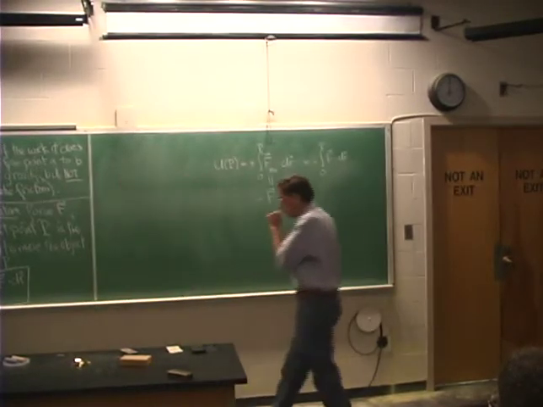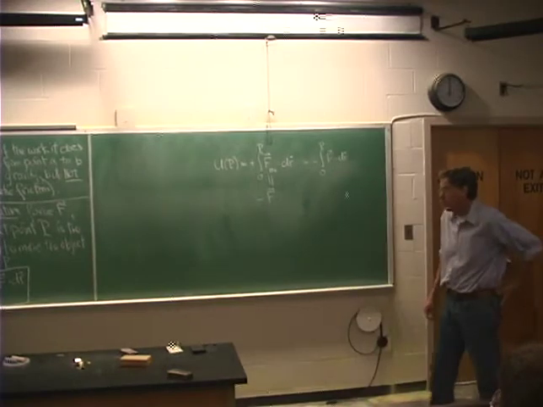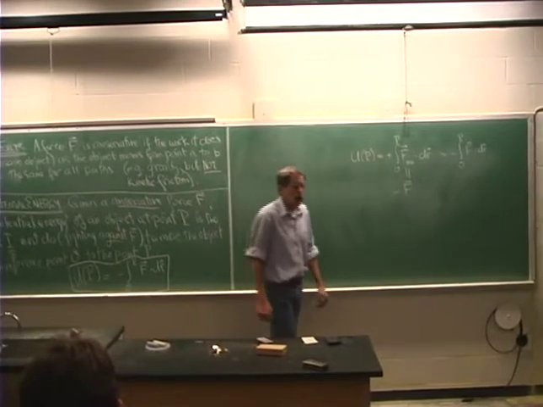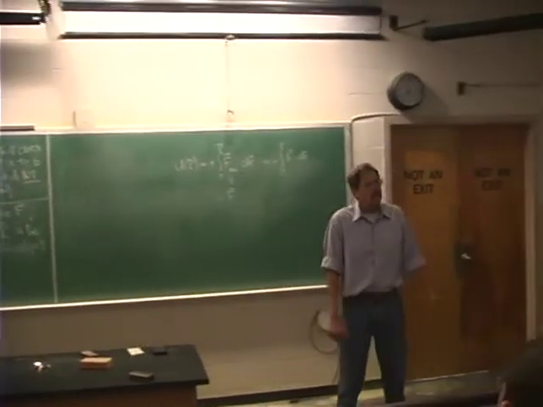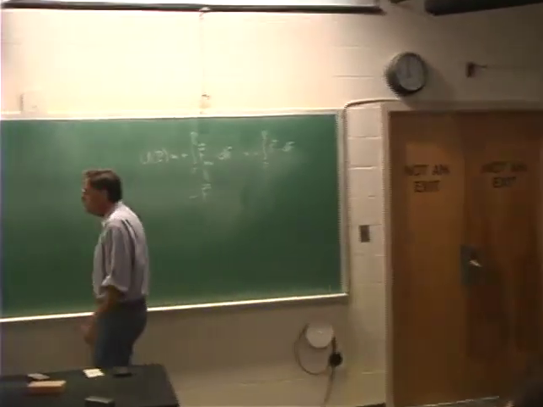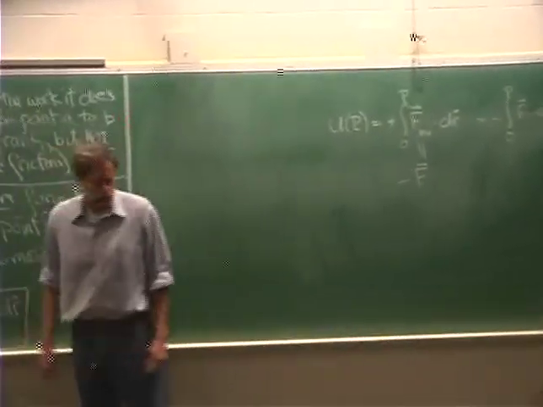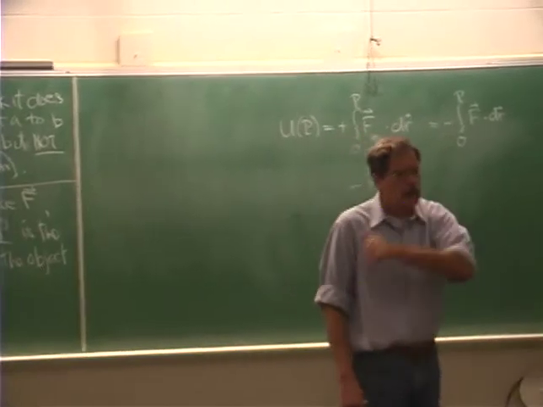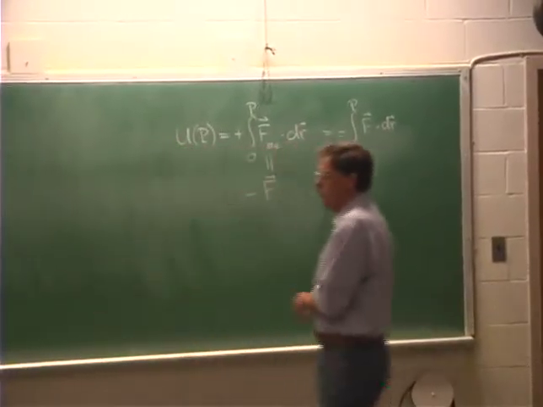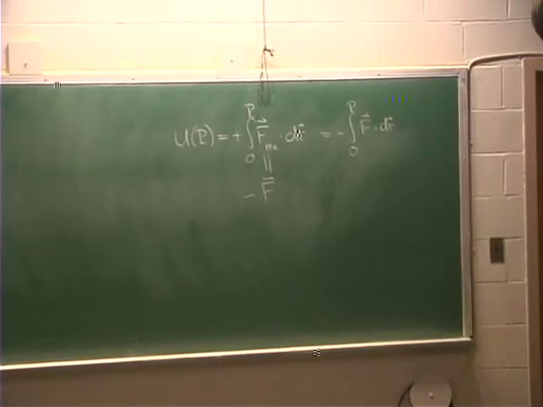Second point, the reference point there. It doesn't matter what reference point you use. How come? Because it turns out only differences of potential energy matter in physics. Only differences of potential energy, and when you calculate the difference in potential energy at one point and at some other point, then all reference to the point 0 drops out.